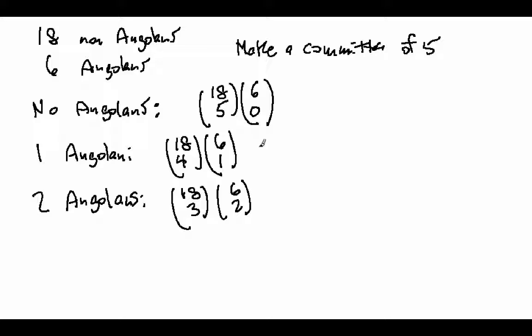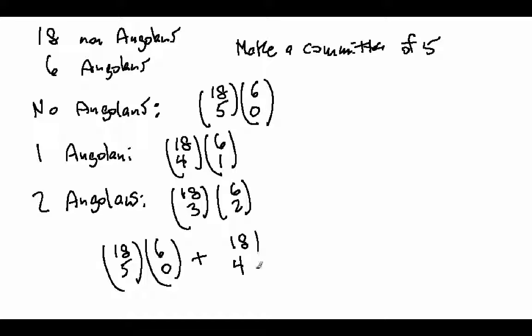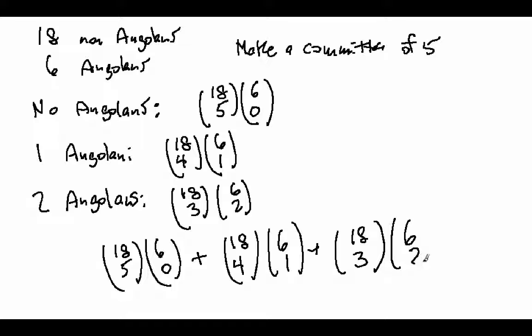Okay, so the number of ways to make up a committee of 5 that has at most 2 Angolans would just be the sum of these numbers. Okay? Not hard.